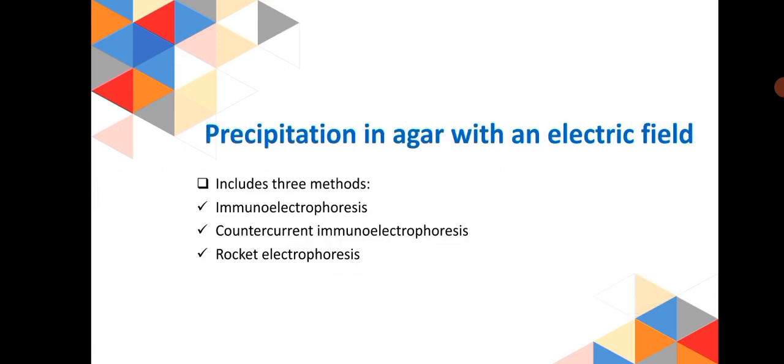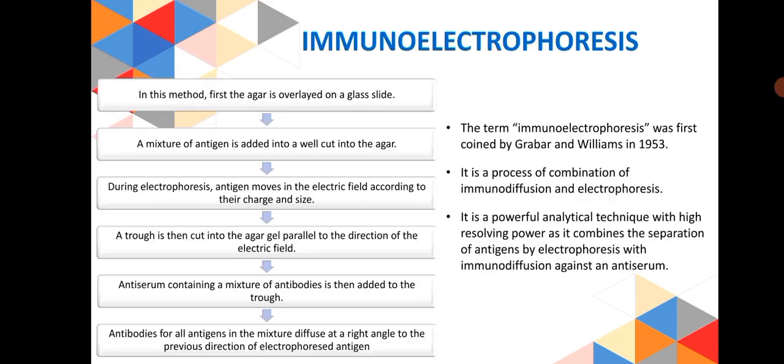Precipitation in agar with an electric field includes three methods: immunoelectrophoresis, countercurrent immunoelectrophoresis, and rocket immunoelectrophoresis. Immunoelectrophoresis. The term was first coined by Kreppler and Williams in 1953. It is a combination of immunodiffusion and electrophoresis.